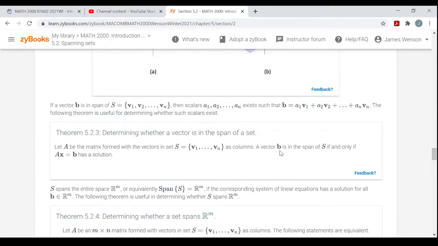A vector B is in the span of S if and only if A times X equals B has a solution, and we've been seeing this. It says a vector is a linear combination of other vectors only when there's a solution to that system.